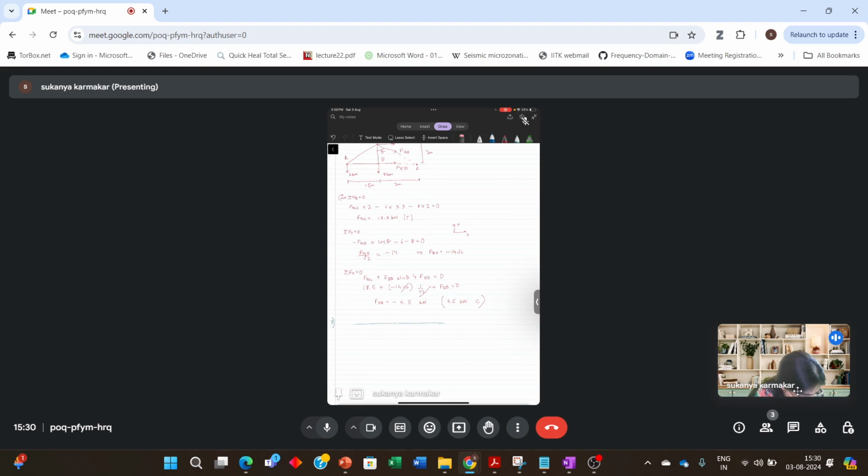So your truss is something like this. Then connected here, then connected here.